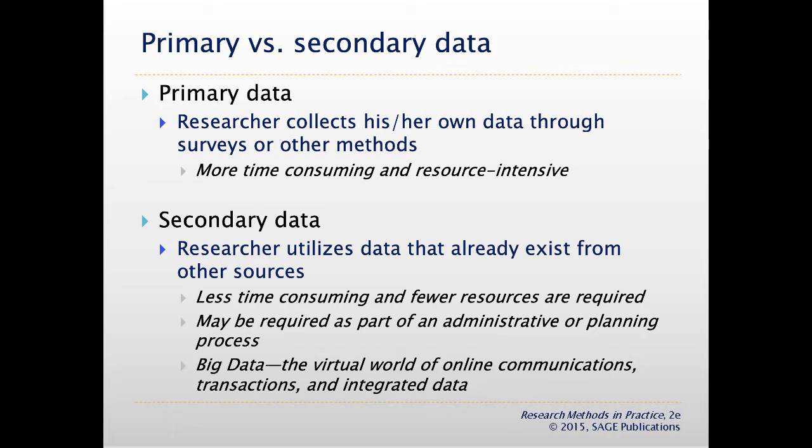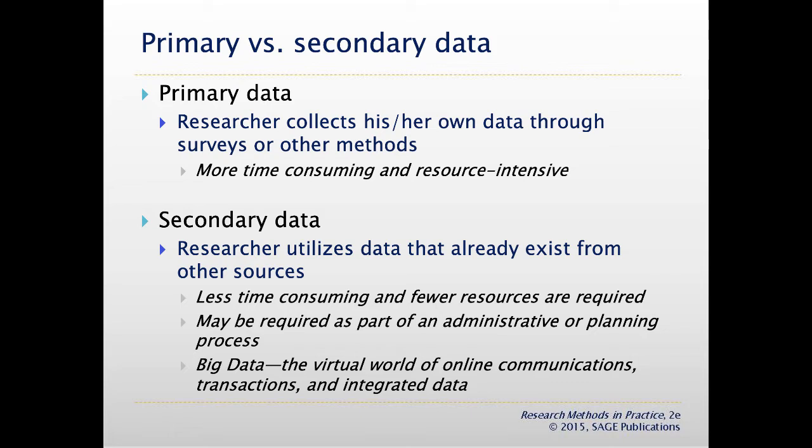That means that it's data that the researcher utilizes that exist from some other source. This is still primary research when the researcher does original analysis. So it's not getting somebody else's research, but it is getting somebody else's data.